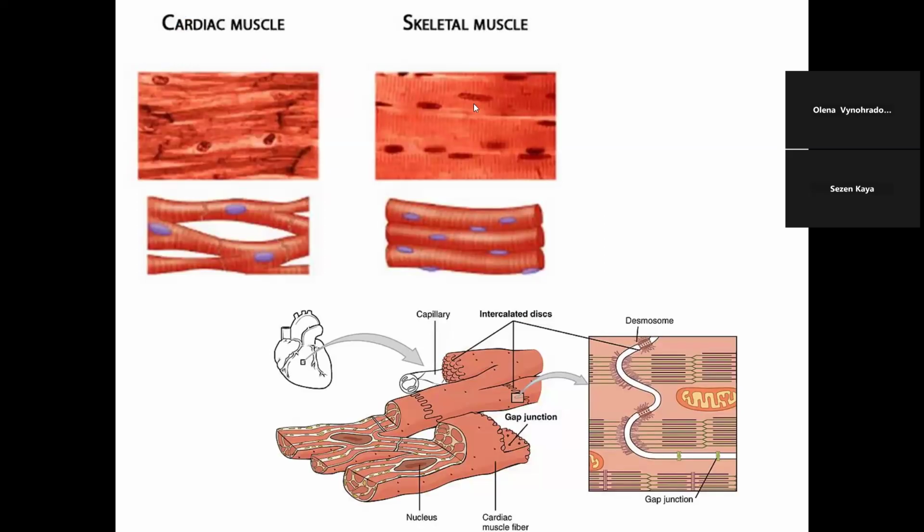If we are talking about muscle tissue, the myocardium of our heart, we should say that the myocardium is created from cardiac muscle. Cardiac muscle is similar to skeletal muscle by structure, but there is a difference, because in cardiac muscle we have special intercalated discs or gap junctions.